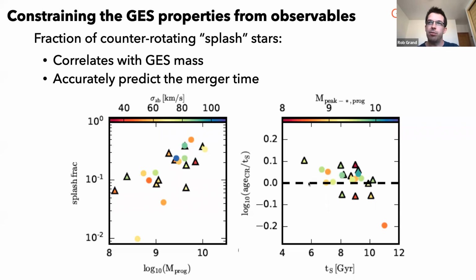We can see that most of these points lie within 0.1 dex of the true merger time, so that's about within 20–25% of the merger time. So if we could get ages for counter-rotating stars, we can maybe date the age of this last major merger.